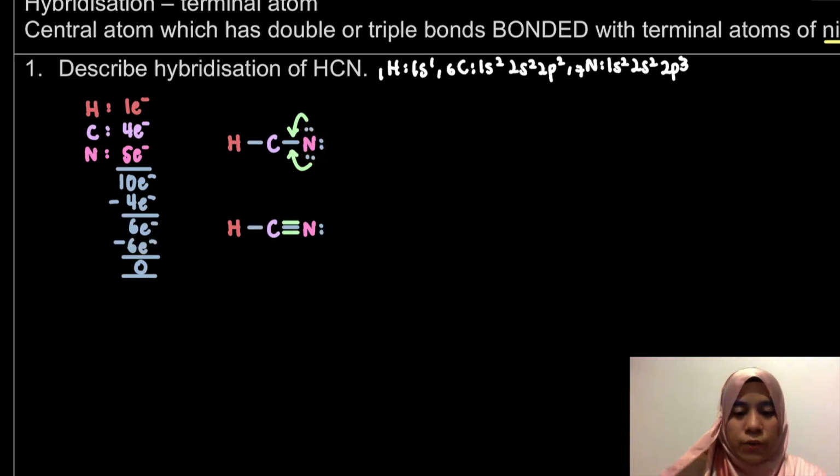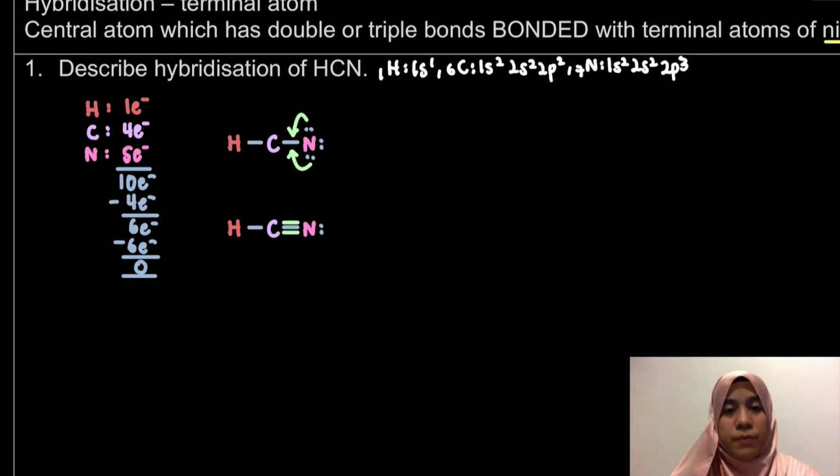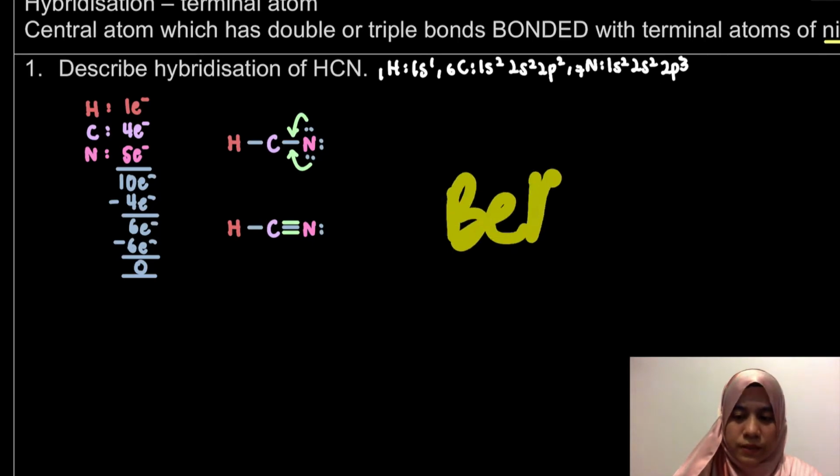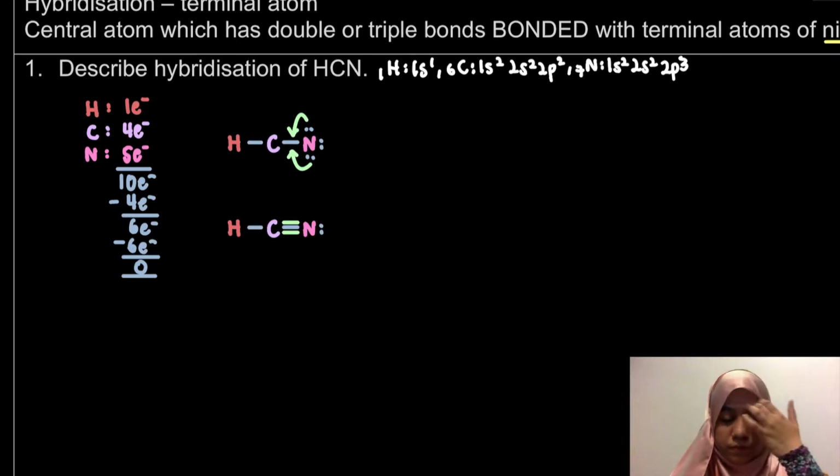When we count here, hydrogen has 2 electrons, carbon has 4, because 1, 2, 3, 4, and nitrogen has 8. But remember, carbon is not an incomplete octet, so it has to achieve an octet. So where will it share from? It will share from nitrogen, because hydrogen is already at 2 and has no lone pair to be shared.